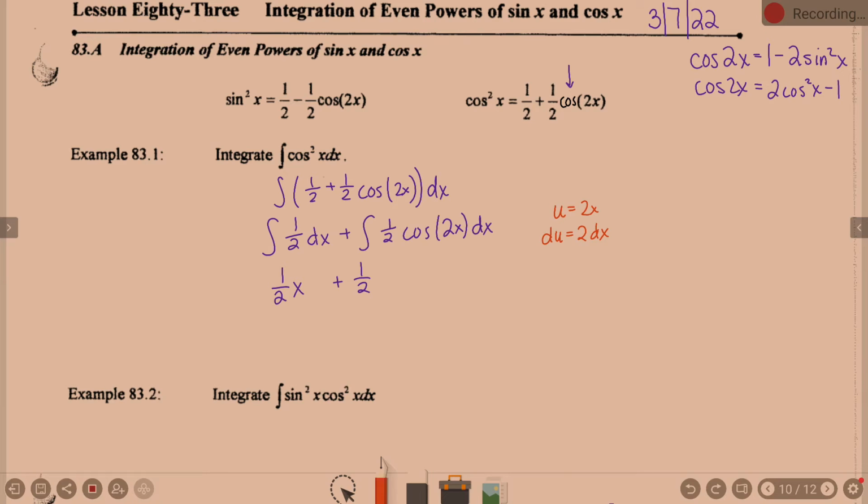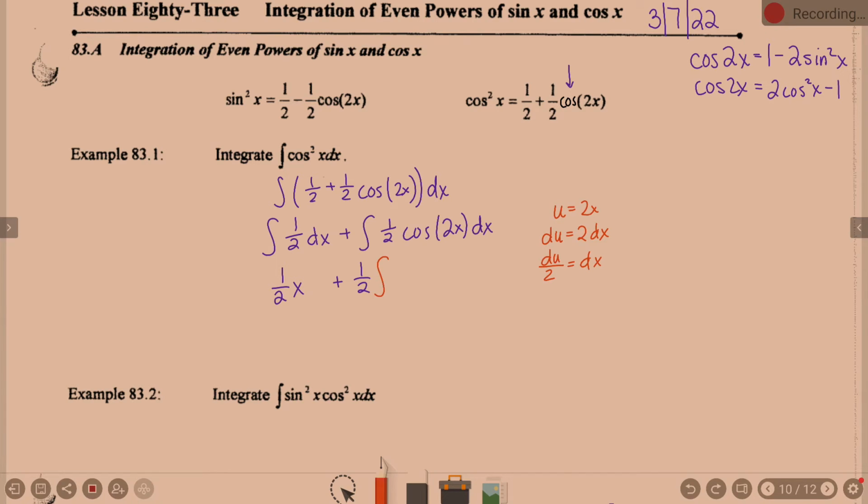And as we look at this, notice we just have a dx. So if I divide by 2, du over 2 is dx. And so I can use that idea, though I'm not going to integrate quite yet.